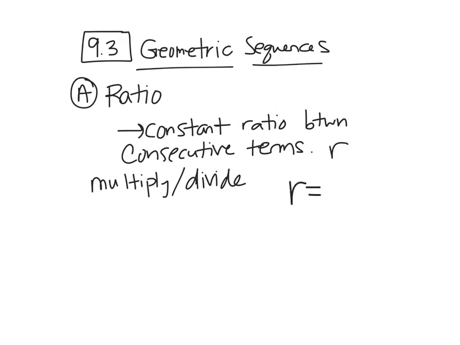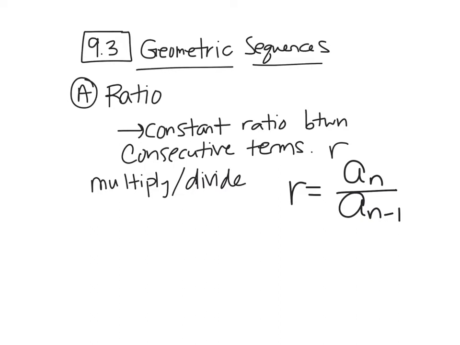If you're wondering what it's multiplying by each time, you take a term in your sequence and you divide it by the term right before it. That's how you find out what R is. So if I wanted to find R, I could take the 5th term and divide it by the 4th term, and that'll give me R.